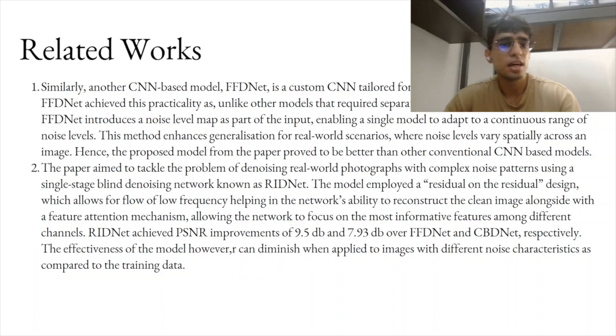RIDNet achieved PSNR improvements of 9.5 decibels and 7.93 decibels over FFDNet and CBDNet, respectively. The effectiveness of the model, however, can diminish when applied to images with different noise characteristics as compared to the training.